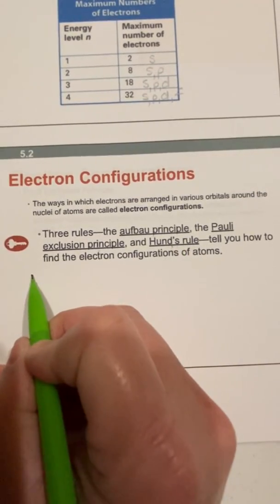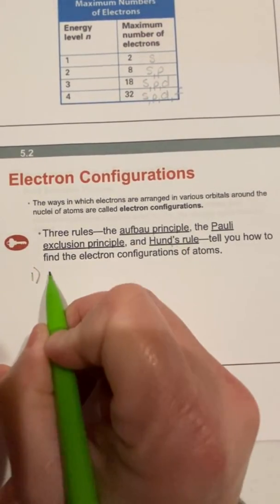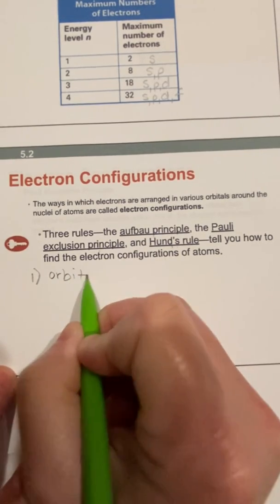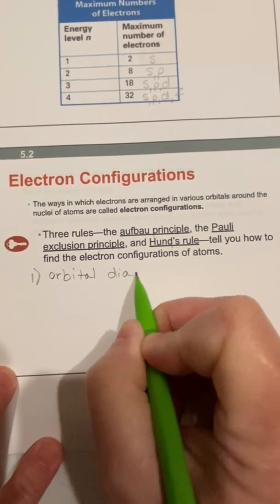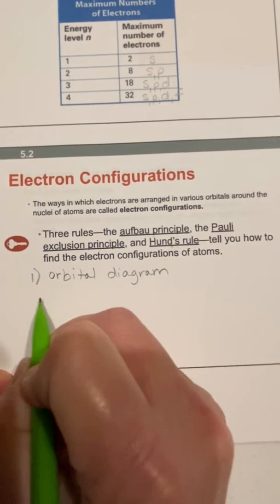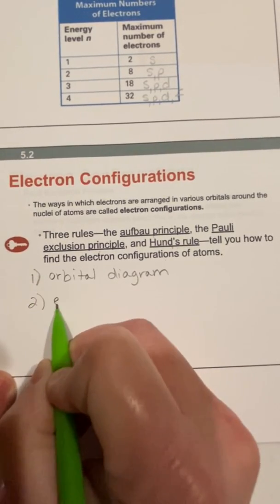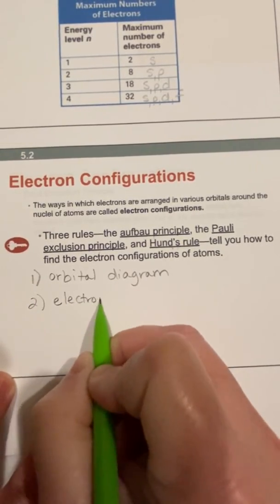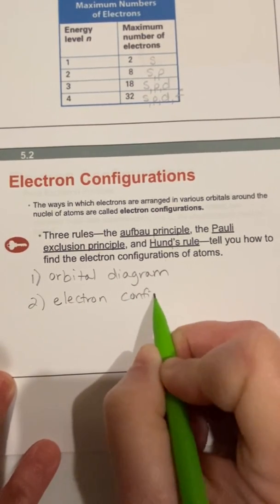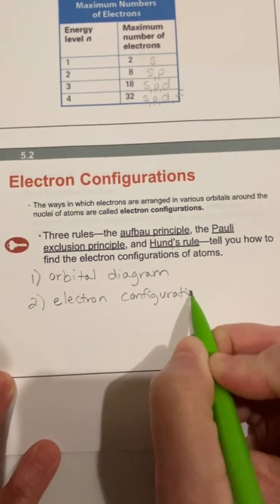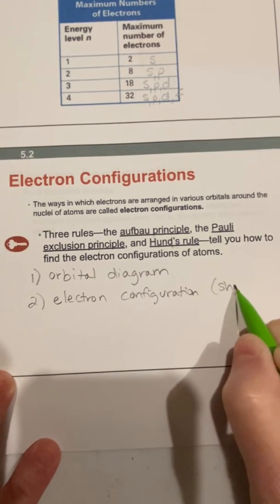So the big picture is, first, you're going to have to be able to draw something called an orbital diagram. I'm going to work through several of them with you. Number 2, you're going to be able to write an electron configuration, which sometimes people, even me, will call short form.